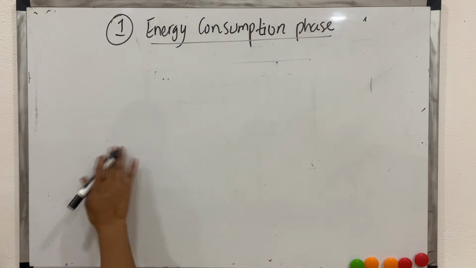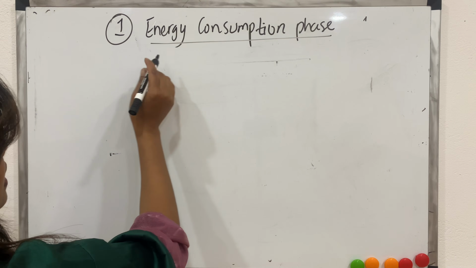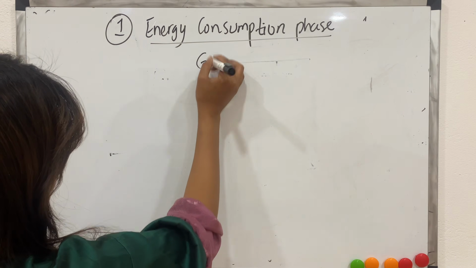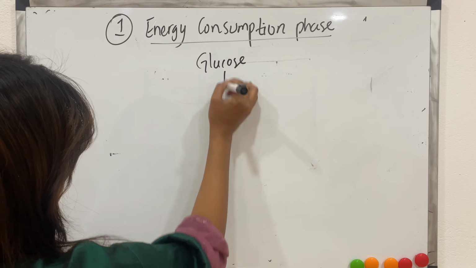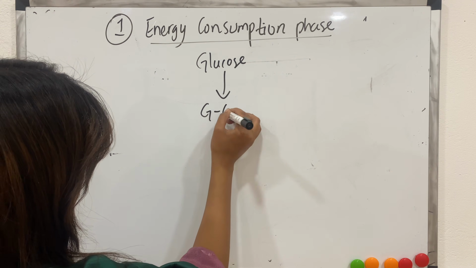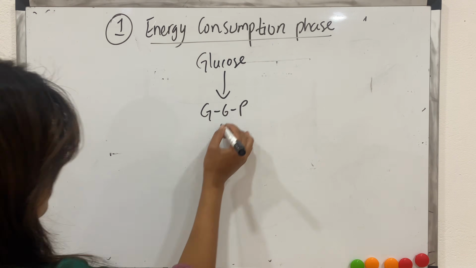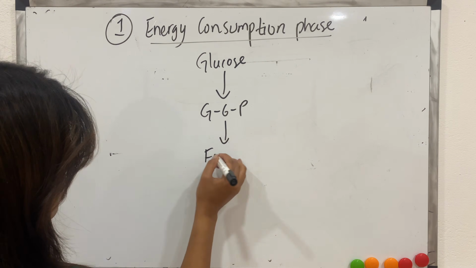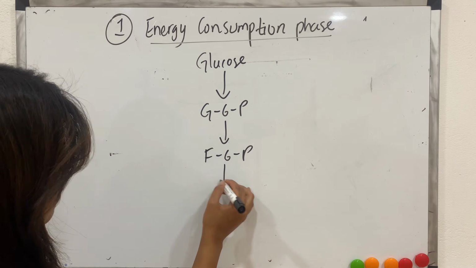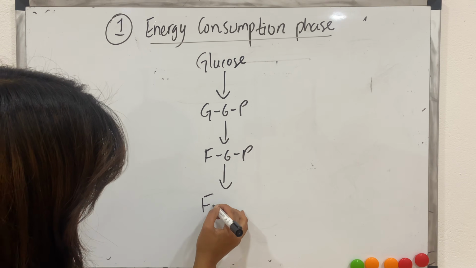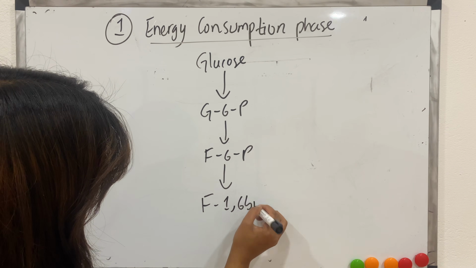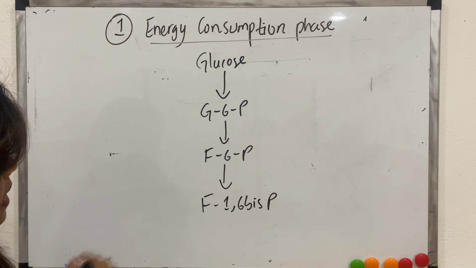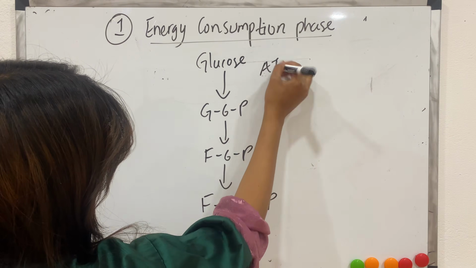Let us now recap the steps of the energy consumption phase. In the first step, glucose undergoes phosphorylation and gets transformed into glucose 6-phosphate, and glucose 6-phosphate gets converted to fructose 6-phosphate, which is an isomer, and fructose 6-phosphate gets transformed into fructose 1,6-bisphosphate with phosphorylation.